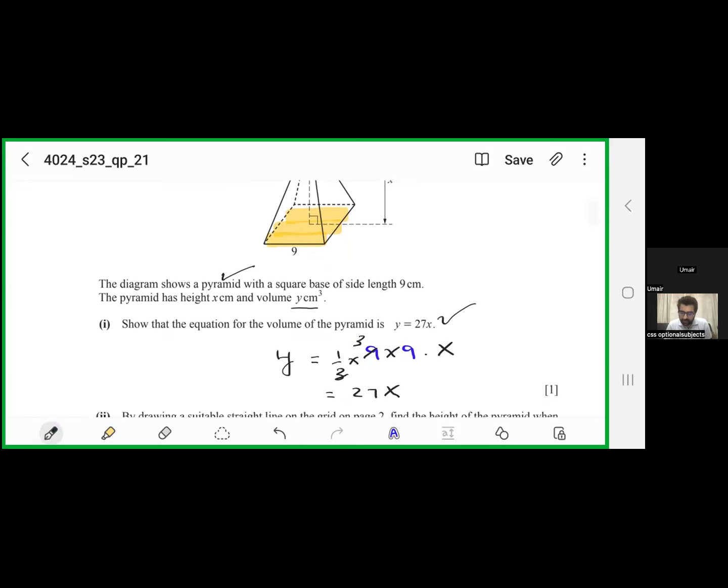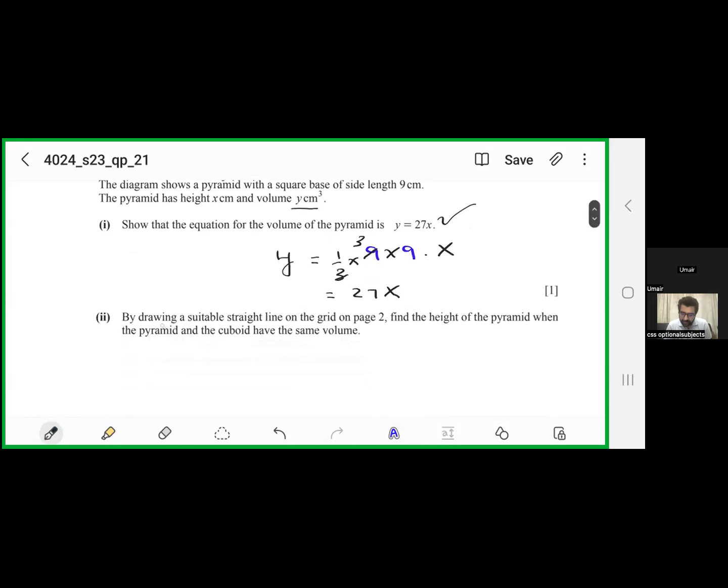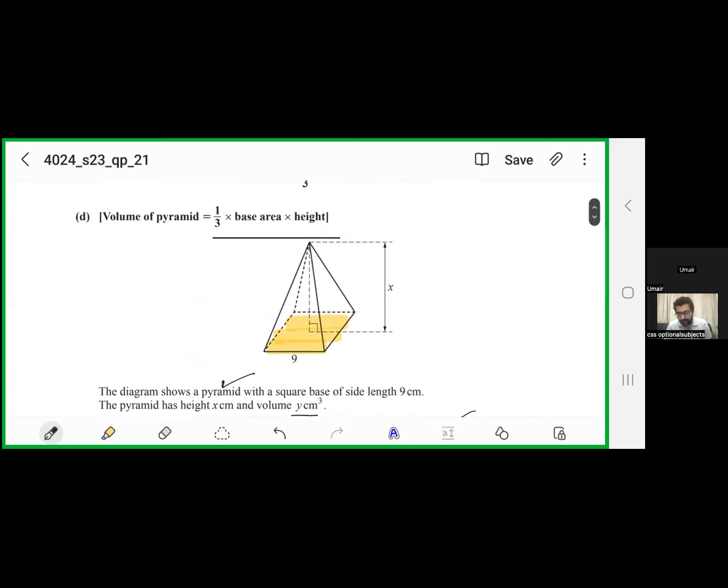In the last part, they're saying that by drawing a suitable straight line on the grid on page 2, find the height of the pyramid when the pyramid and the cuboid have the same volume. This is the volume of pyramid, y is equal to 27x. Let us write over here. We have to find the height of pyramid, this one.